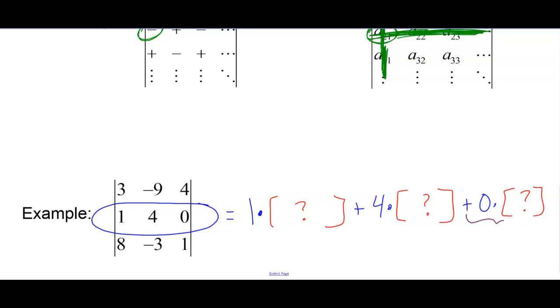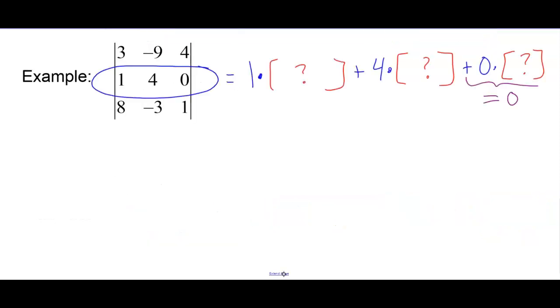If you get a 0, you don't have to worry about the cofactor. The whole thing equals 0. So I can totally skip the third term, don't have to work out any other details for it. I only have to worry about the first two. So then the question becomes, okay, what are those cofactors? I'm getting 1 times what and 4 times what?